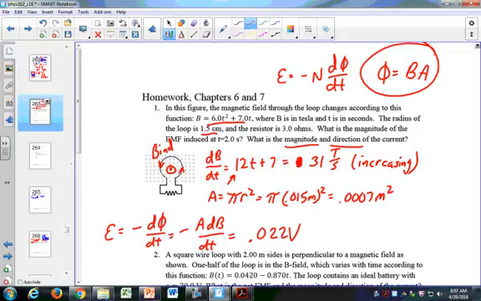The direction is counterclockwise, and the magnitude is V over R from Ohm's law, 0.022 divided by, what was the resistance, 3 ohms, and that is 0.007.